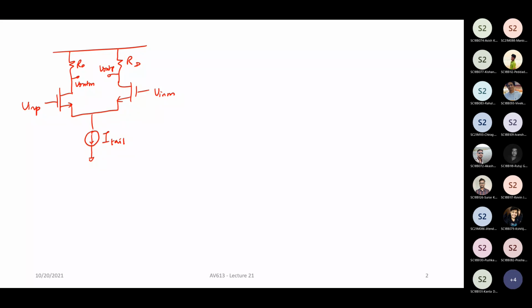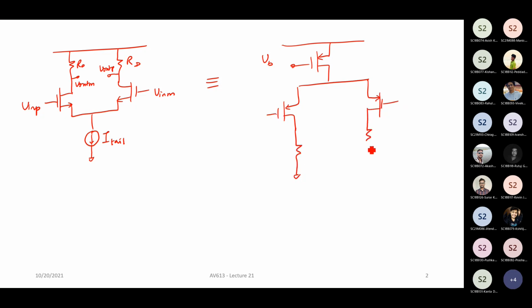Now the same thing, the equivalent version can also be done using a PMOS transistor, right? So in this case, what happens is that you have a tail current source. In this case, it happens to be a PMOS transistor, let's say, which is biased using a current mirror. And then you have a PMOS input pair, right? And you have resistors to ground.